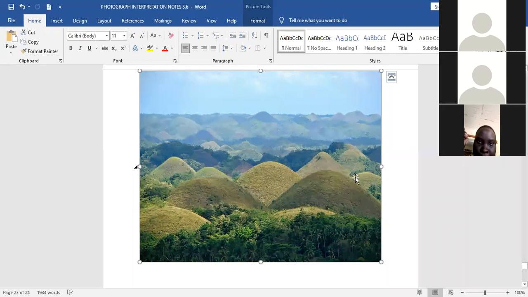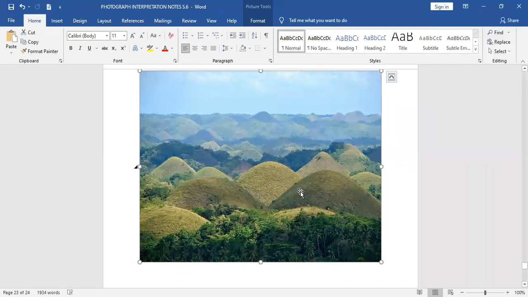Okay, now this one that we have here is what we may refer to as a conical hill. It is a conical hill because of its appearance, being wide at the bottom and then somehow pointed at the top.